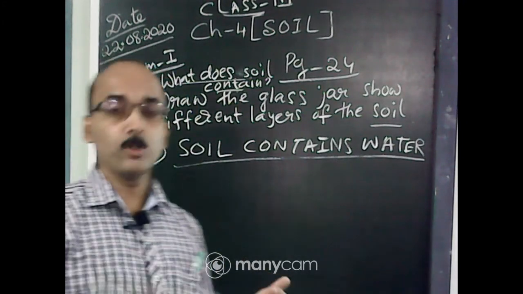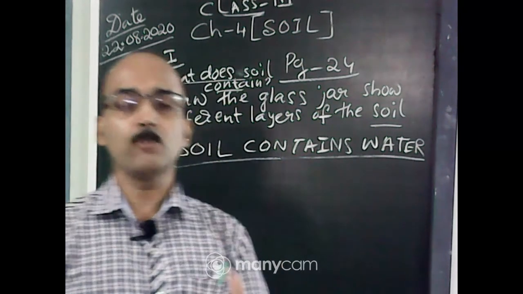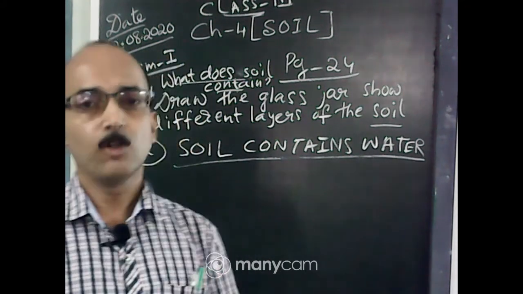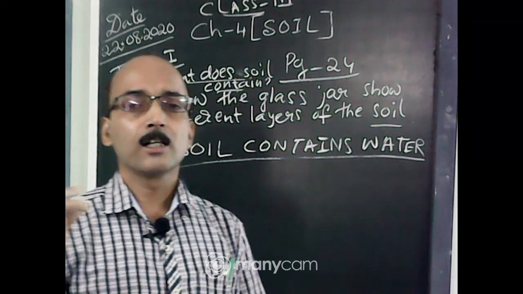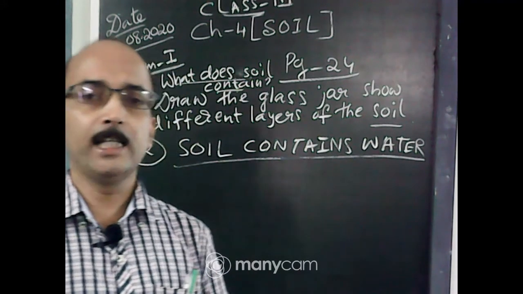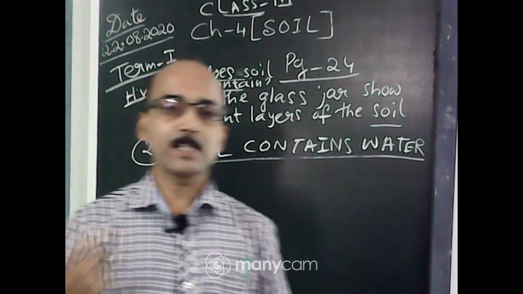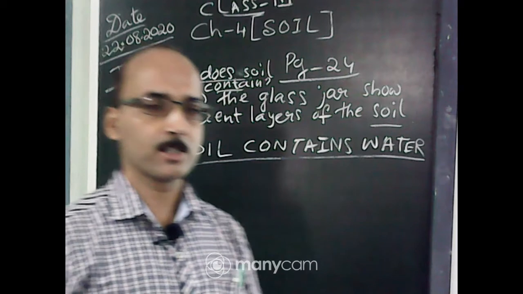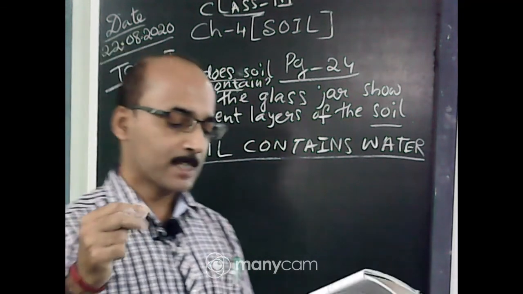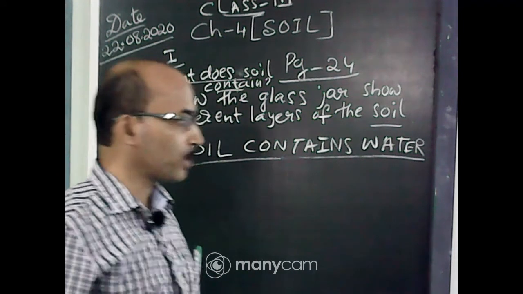You take the container which can be heated, then you have to cover it with a lid, heat it for some time, then open the lid and you will see that some drops of water are formed on the lid.